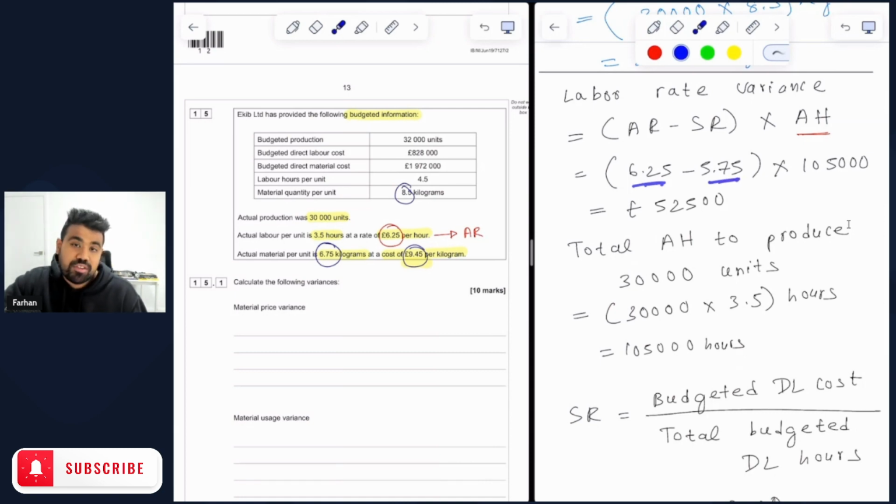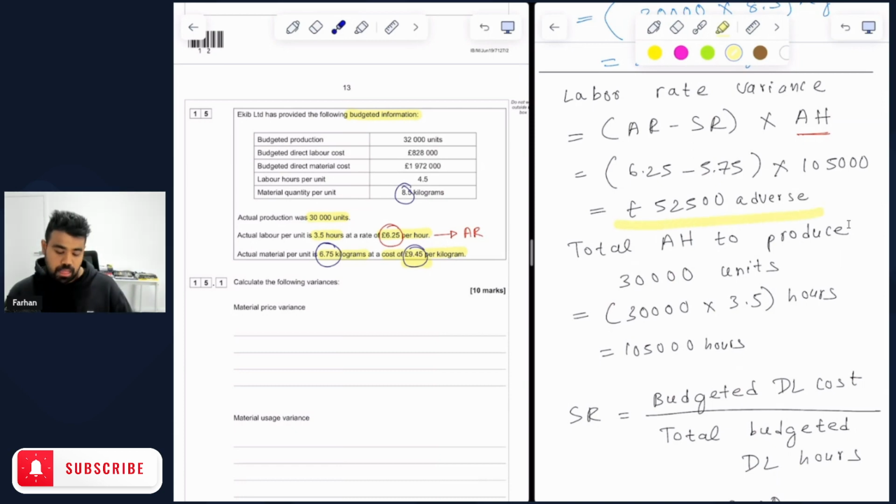So we would have to spend more for paying our labor in real life, in actual circumstances, compared to what we would have set aside, which was 5.75 pounds. Therefore, it increases the cost of the business compared to the planning that we had, and therefore this becomes an adverse outcome. So £52,500 adverse. So when you're ready, we'll now move to labor efficiency variance.